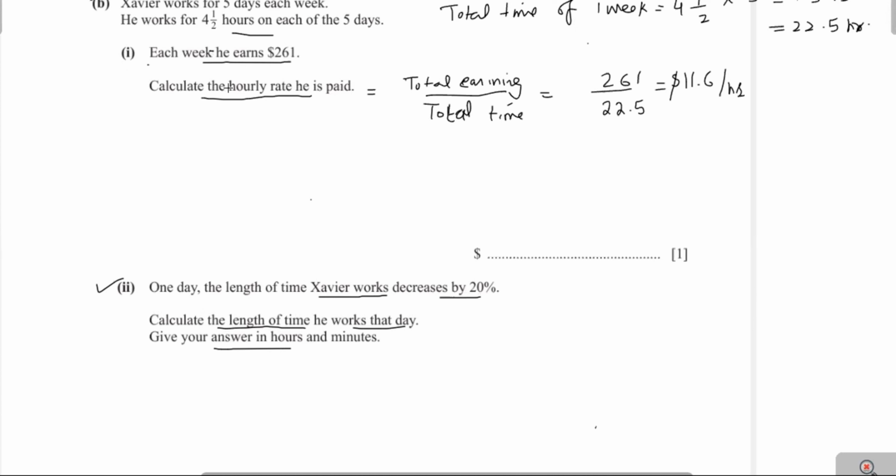Now you see here the previous work was 4.5 hours in a day, and this value becomes a 20% decrease. We write 20 over 100 multiplied by 4.5. Now we get 4.5 hours minus 0.9. 2 over 10 multiplied by 4.5 equals 0.9, and this value will be equal to 3.6 hours.